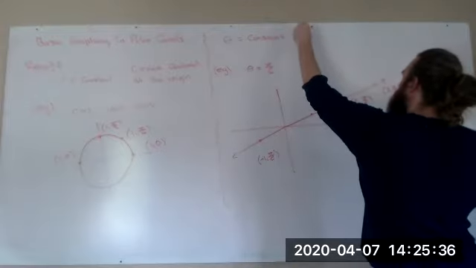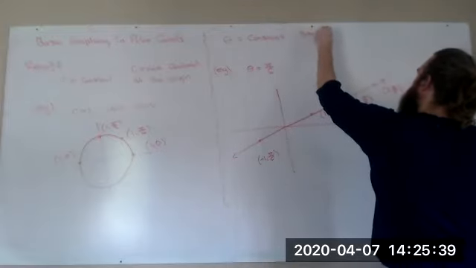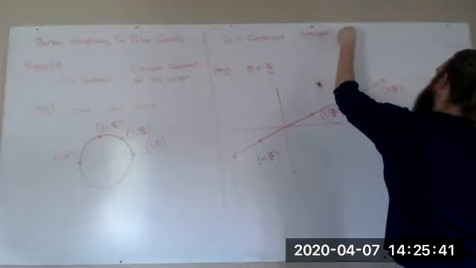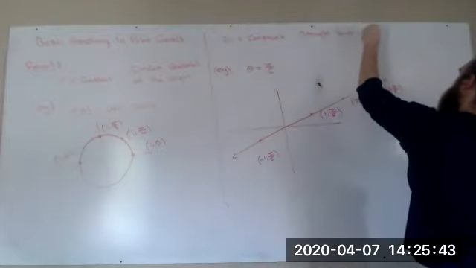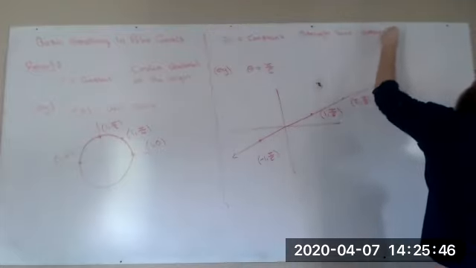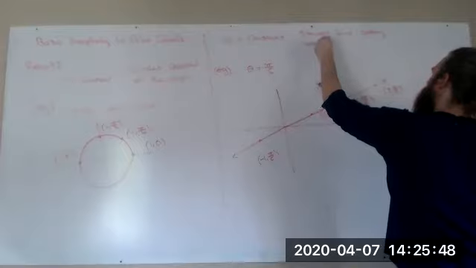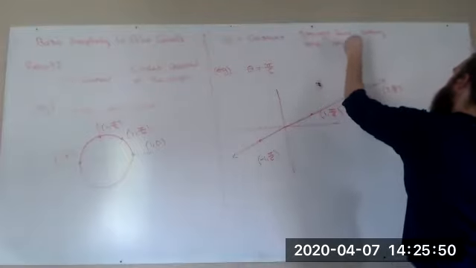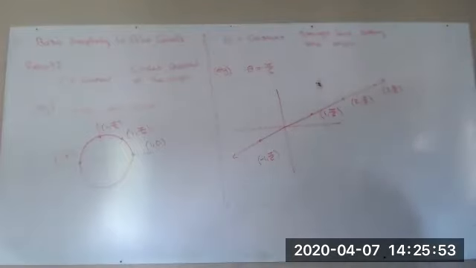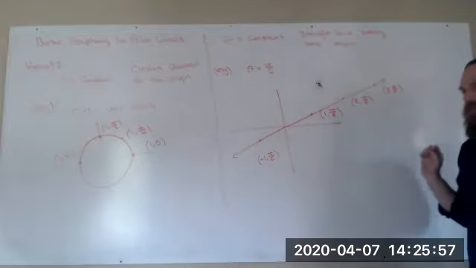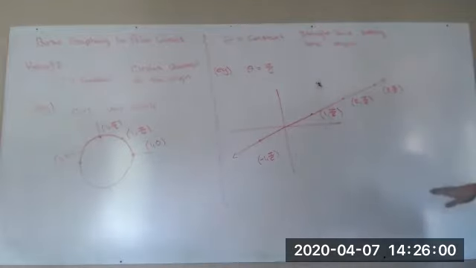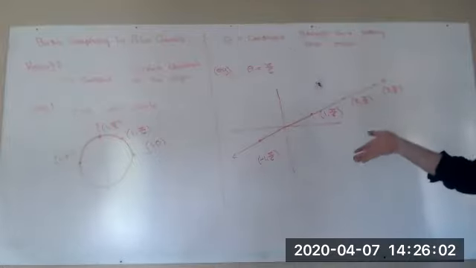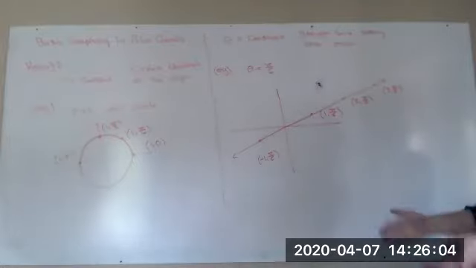These are all straight lines passing through the origin. So in Cartesian coordinates, x equals a constant is a vertical line, y equals a constant is a horizontal line. In polar coordinates, r equals a constant is a circle centered at the origin, and theta equals a constant is a straight line going through the origin.